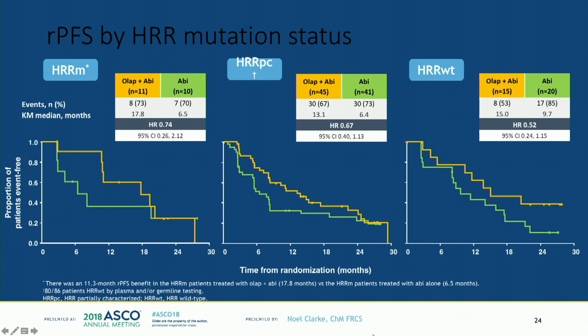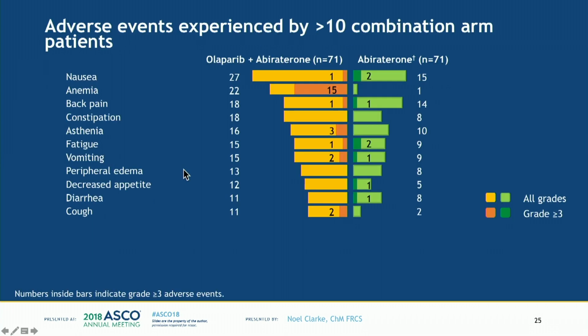The problem with this analysis is these numbers are extremely small, but you do see that there does seem to be a difference in favor of the combination in those patients who have the mutated repair mutations compared to abiraterone alone. Now, the problem with this regimen has been the toxicity, particularly cardiovascular events.